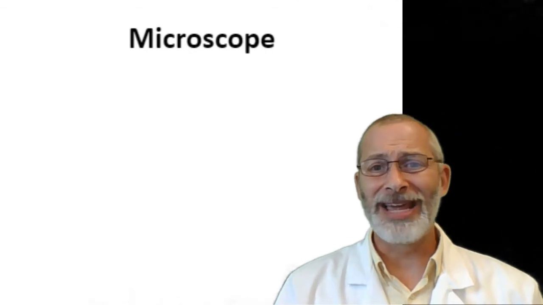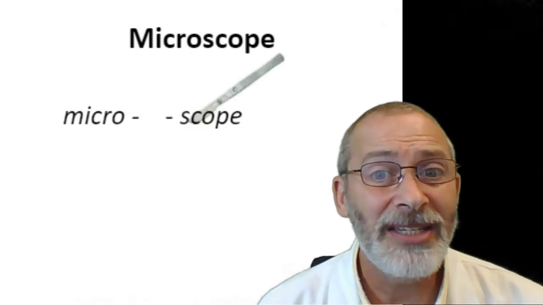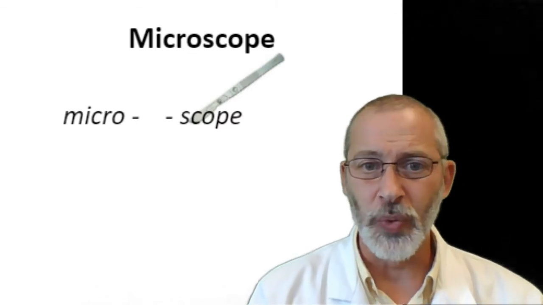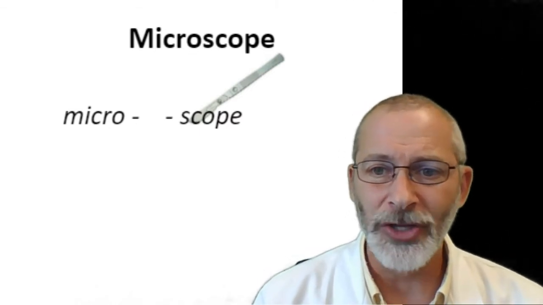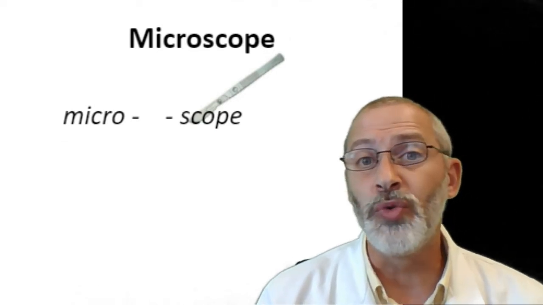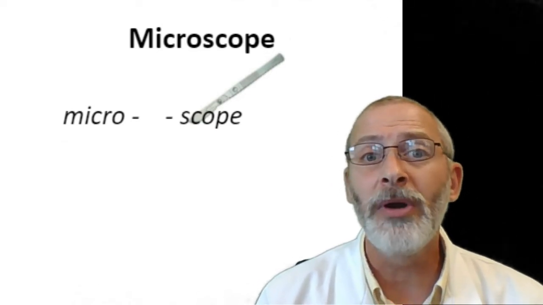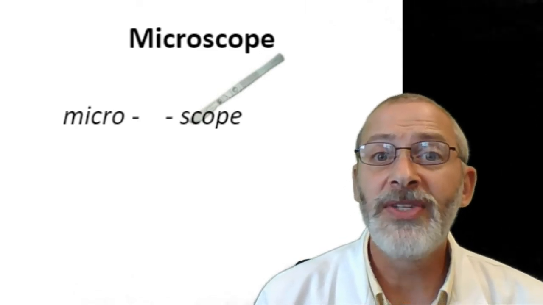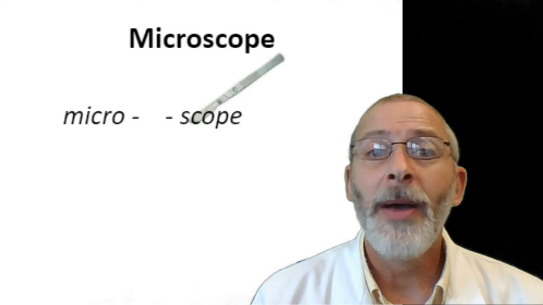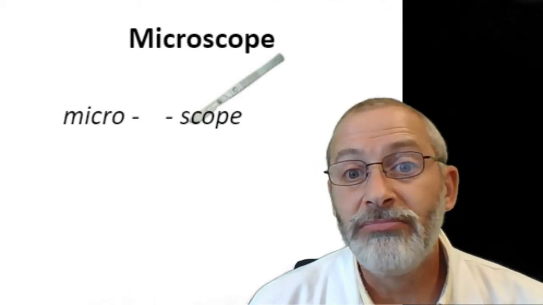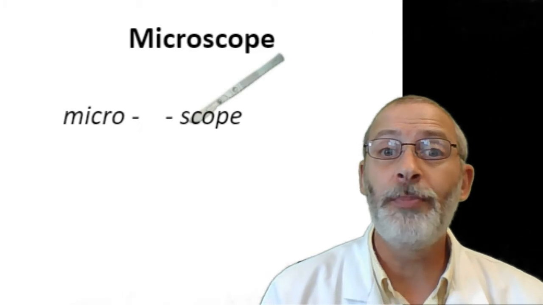And let's get right down to it and dissect this word. Dissecting this word, if you remember from last week, examining prefixes, suffixes, root words, we can learn a lot more about the meaning of words and be able to better understand them. So the word microscope dissected in half, and we've got two parts.